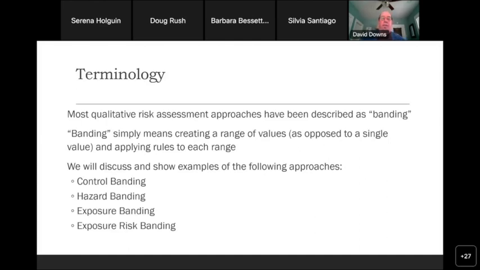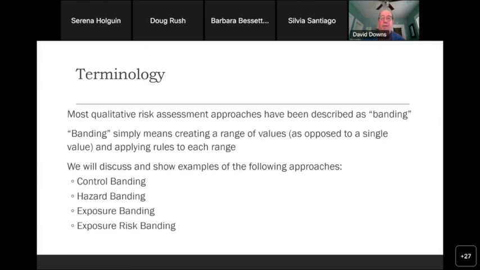We always say that a TLV is not a hard and fast number in terms of safe and non-safe or healthy and unhealthy. We have to look at a lot of other factors associated with it. Banding sort of gets into applying perhaps controls in some cases.